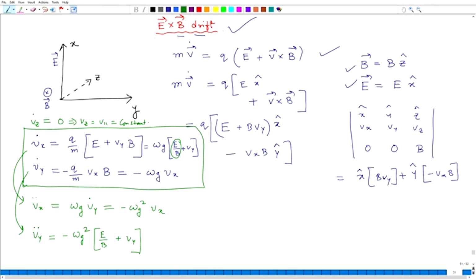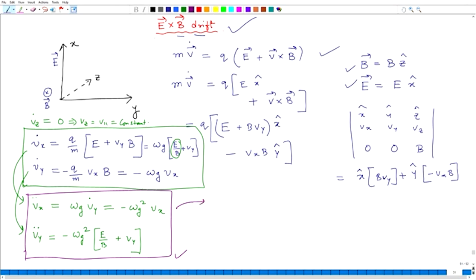Then I have again two equations, a little bit different, but they are still within control and you know how to solve them. They are still equations for simple harmonic oscillation.